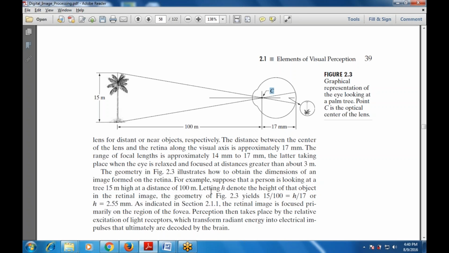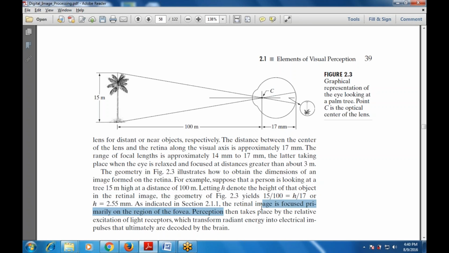Let h be the height of the image. This is calculated as 15 upon 100, because the height is divided by the distance. That equals h divided by 17, so h equals 2.55 mm.